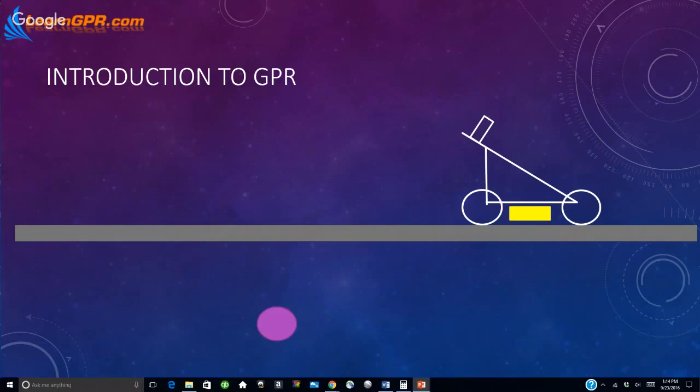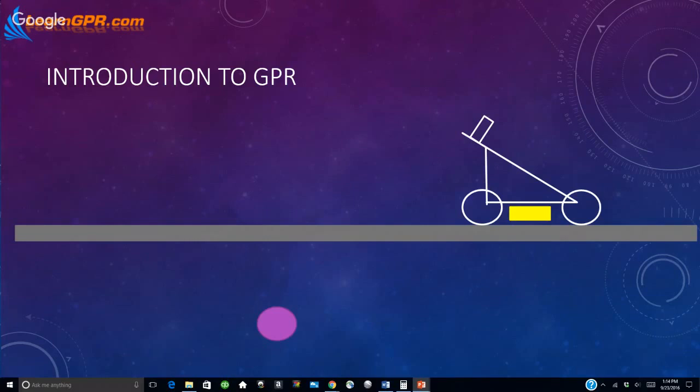So if it's traveling through soil and hits a target made of metal, those are two very different materials, and it may reflect most of the energy back. So the signal reflects off of a discontinuity, and at the surface the GPR records the two-way travel time and the amplitude of the reflection, or how much of the signal was reflected back.